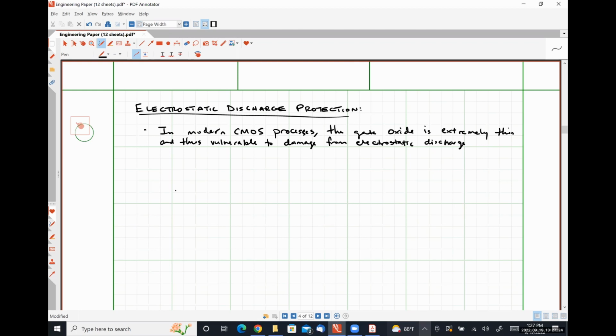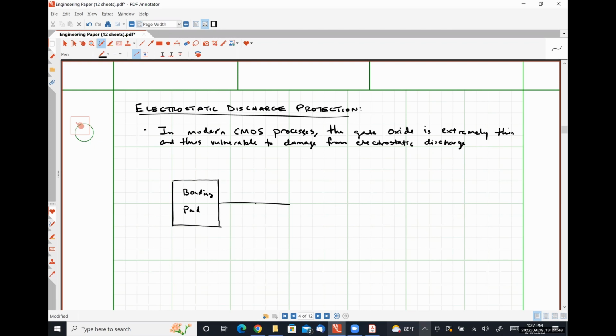So the general structure would look something like this. Here we have our bonding pad, or this is what we are trying to achieve effectively.